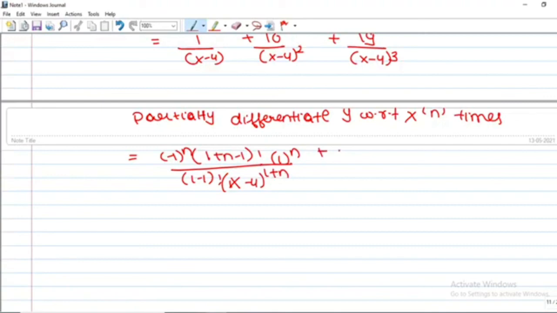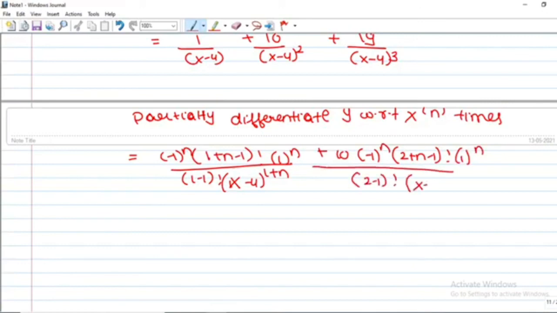The second one will be nothing but 10 outside, (-1)^n into (2+n-1)!, because this is (m+n-1)! where m you can see is 2. The power of (x-4) is 2, so its m value is 2, and here 1^n again, the whole upon (2-1)! into (x-4) to the power (2+n).